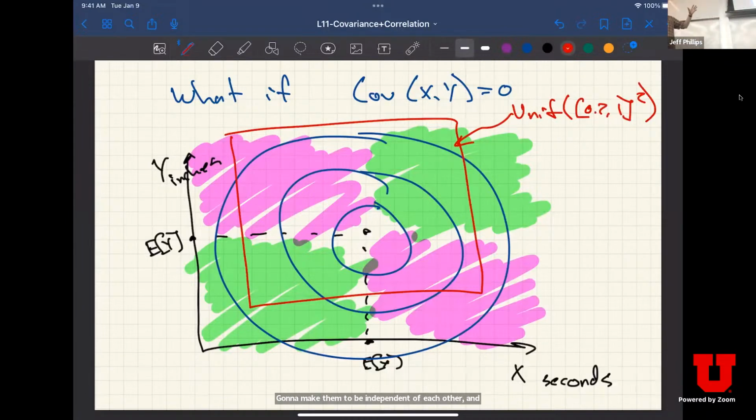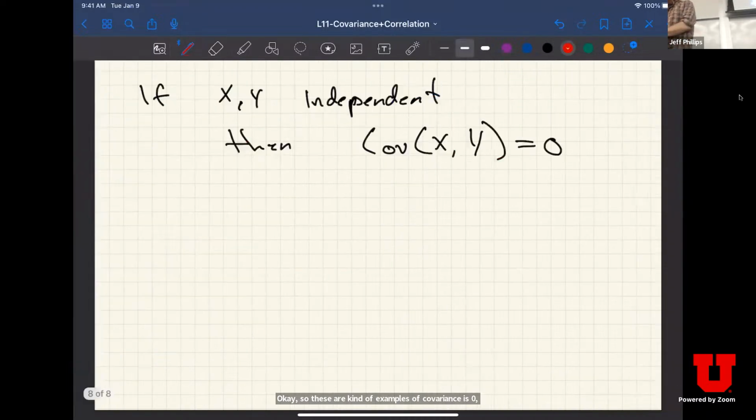And if that's centered on the mean, which it should be if it's uniform over the box, then it should have even amounts of the green and the purple as well. Okay, so these are examples of covariance of 0 and the random variables being independent of each other.